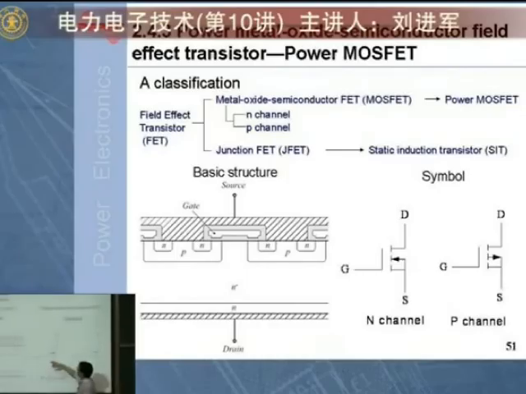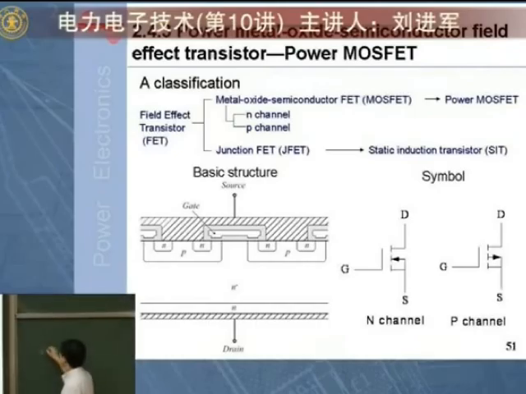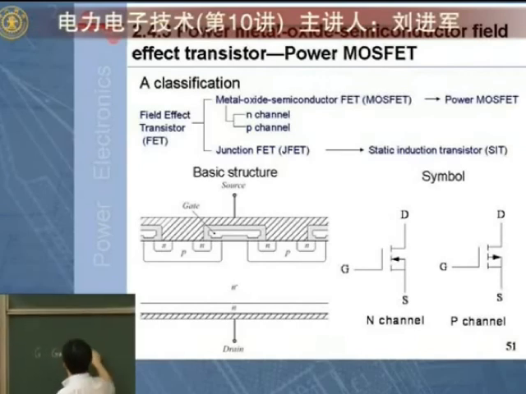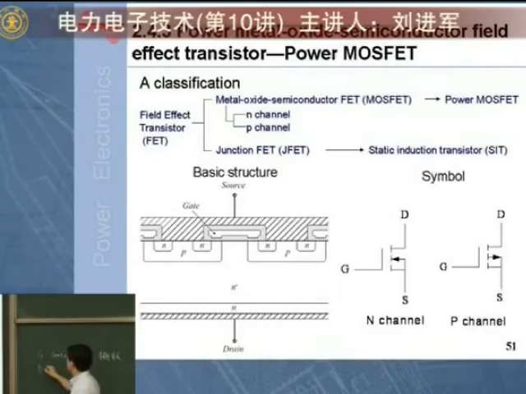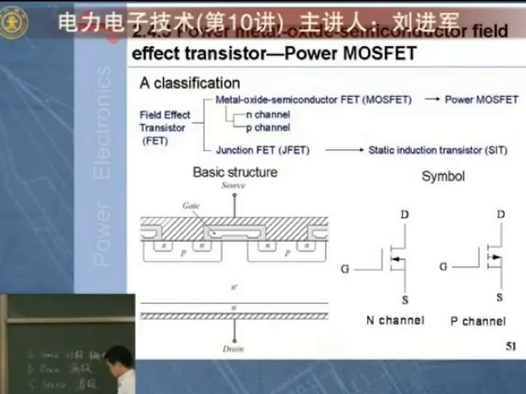Okay. It has 3 terminals also. This is called gate. The 3 terminals for MOSFET: G is gate, D is drain, S is source.